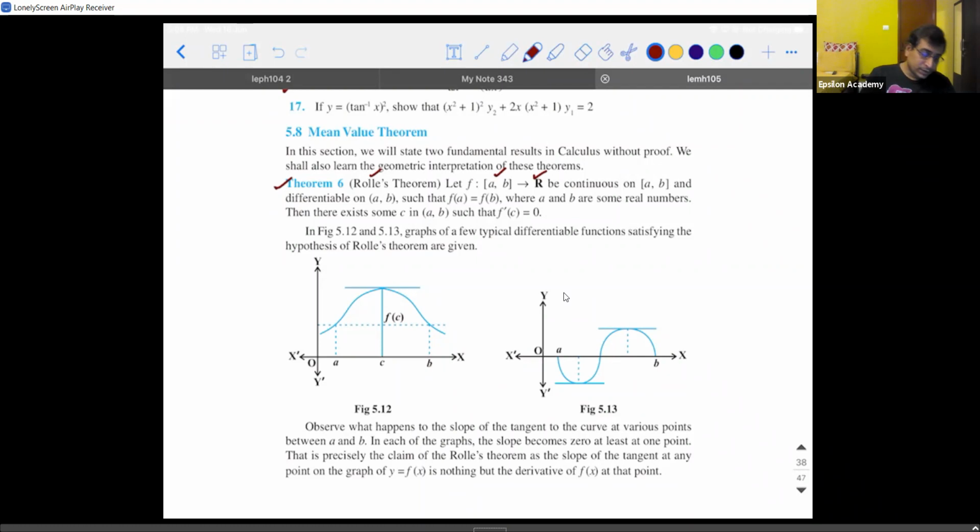Let this function be continuous on the closed interval a to b and differentiable on the open interval a to b.